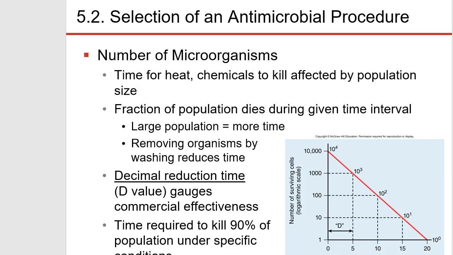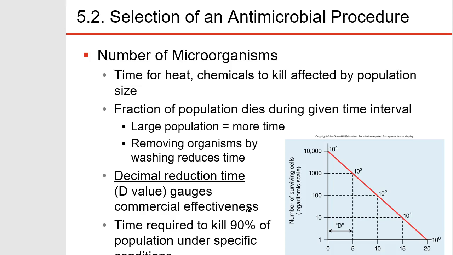The thermal death point is the lowest temperature at which all microorganisms are killed within 10 minutes. We're also looking at the decimal reduction time, where the D value gauges how effective this product is. How much time is required to kill 90% of the population under specific conditions?